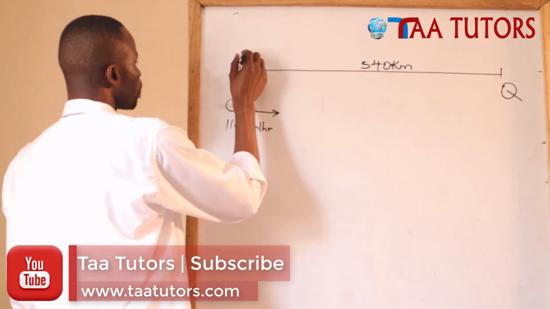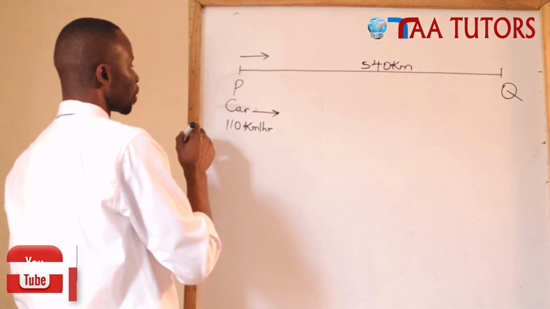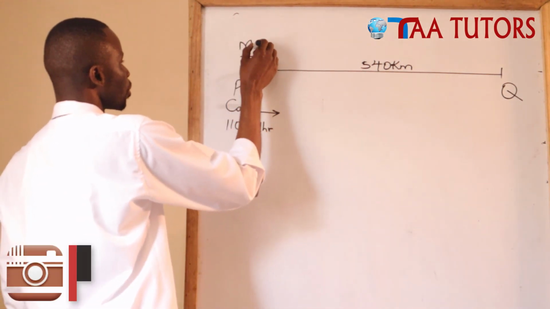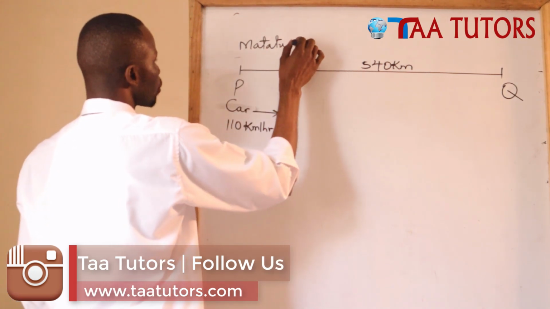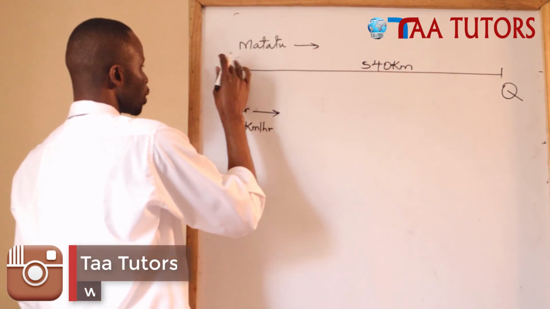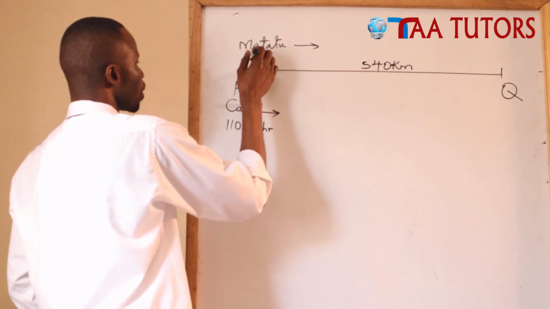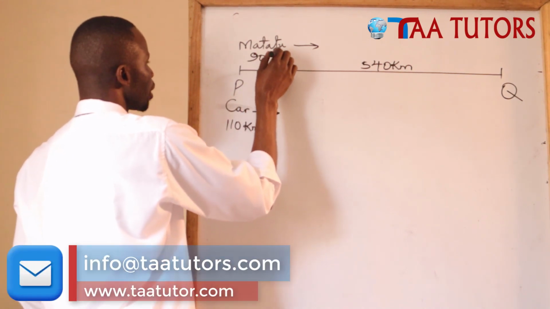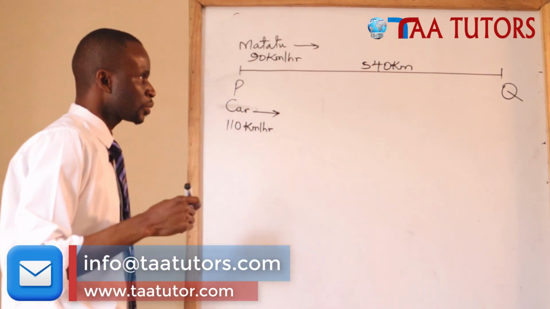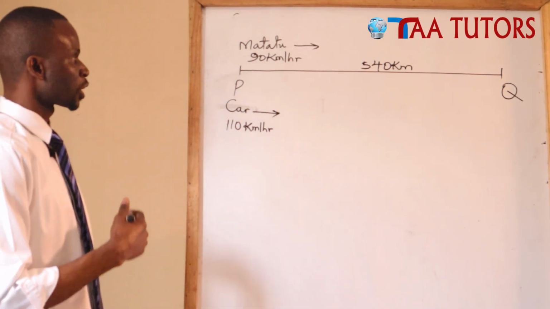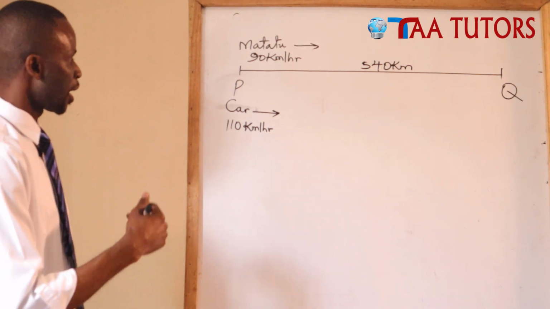Then from town P, there's a matatu. Matatu also leaves town P to town Q, and the matatu is traveling at a speed of 90 kilometers per hour. So we have these two objects, the matatu and the car.